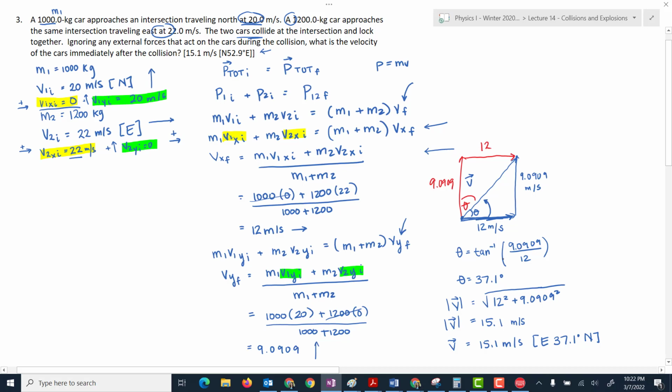And when I do tan inverse of 12 over 9.0909, that would give me that angle, 52.9 degrees. So this angle here is 52.9. This angle here is 37.1. When we add them together, we get 90 degrees, and that makes sense. Right, so whether you say east 37.1 degrees north or north 52.9 degrees east, it's the same thing. So both answers are correct.